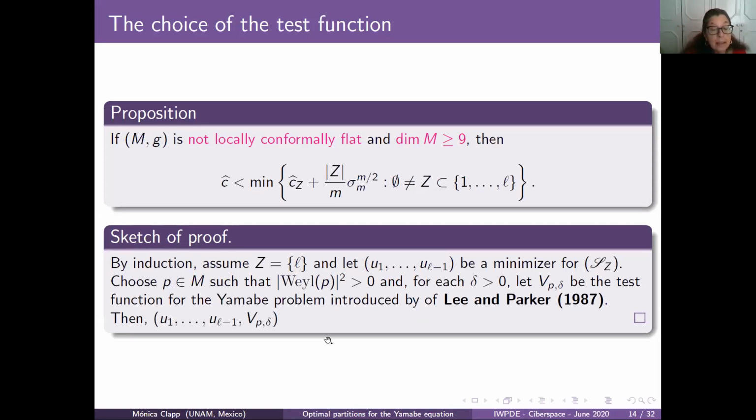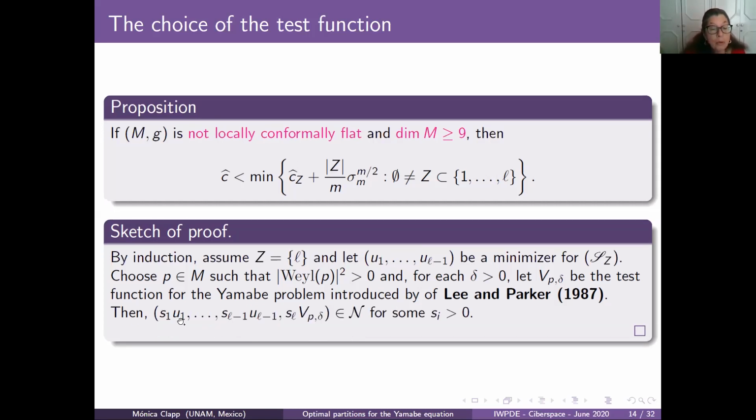The candidate for a test function would be: you take the first L-1 components to be the solution for the system with L-1 equations, and then the last component should be the test function of Lee and Parker. Now, this is not necessarily in the Nehari set N, but one can project it onto the set N just by choosing suitable positive constants and multiplying the components by these numbers.